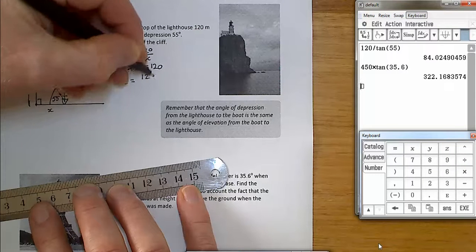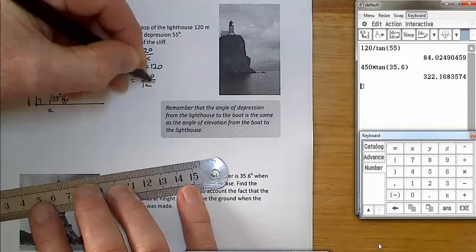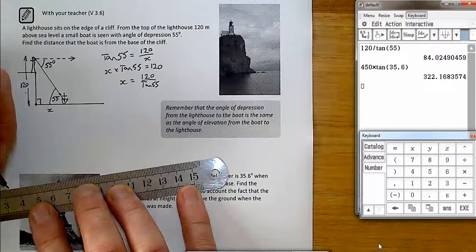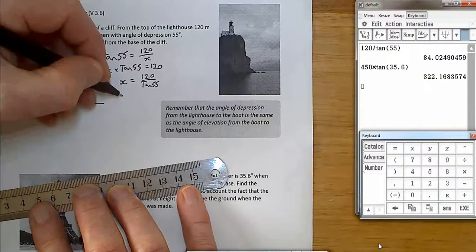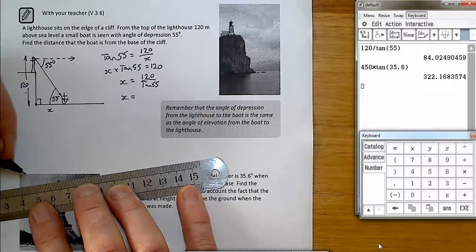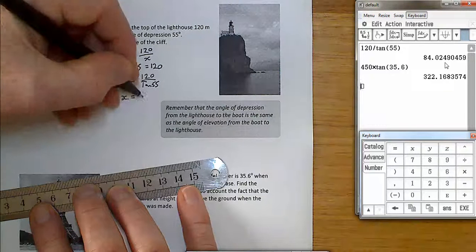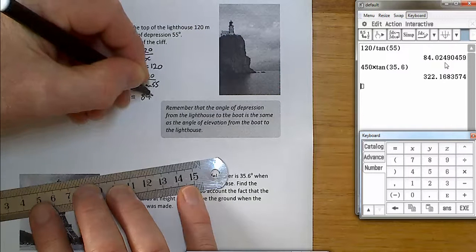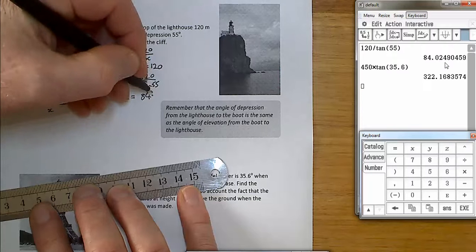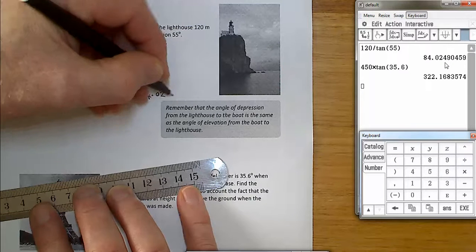Now I can go to my calculator: x is equal to 120 divided by the tan of 55. I've already done that, and you can see over here the answer is x is equal to 84.0502 meters.